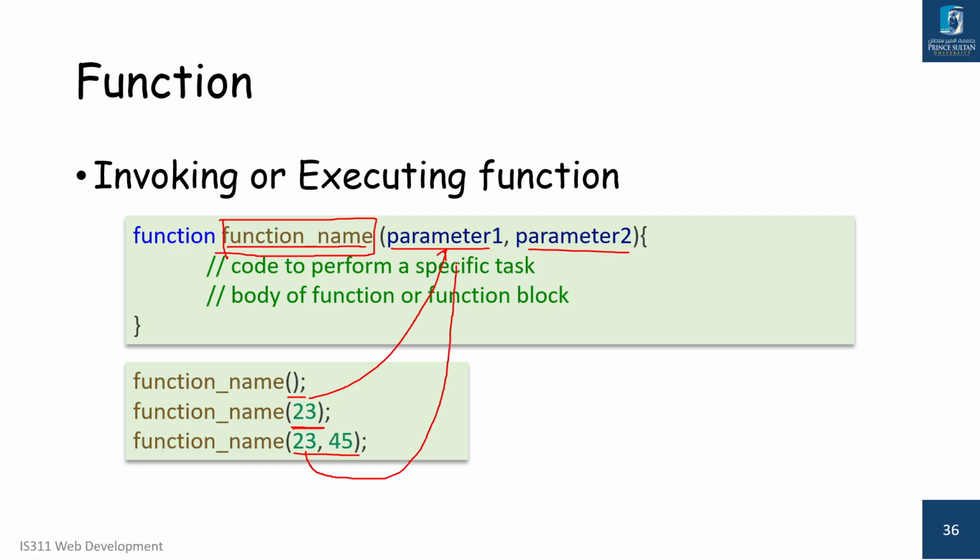So this value goes into the first parameter, parameter one, and this value will go into the second parameter. So now these two parameters have the values 23 and 45, but it will always execute. I use this line, it will execute this function. I use this line, again it executes this function. I use this line, again it executes this function. So it doesn't matter if you are providing the parameter or not.